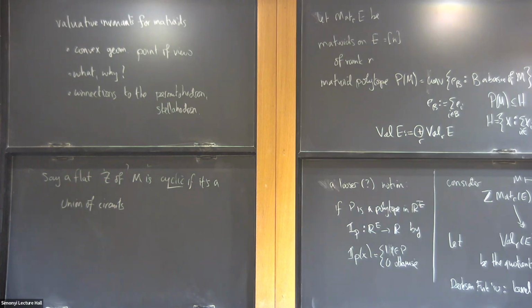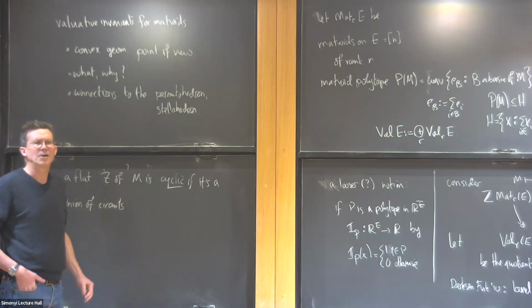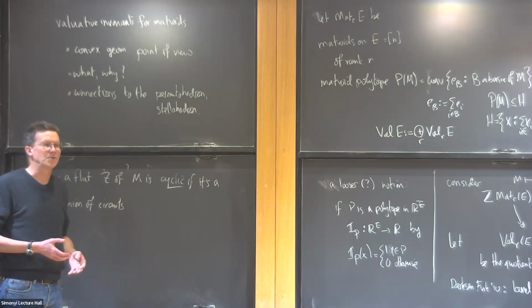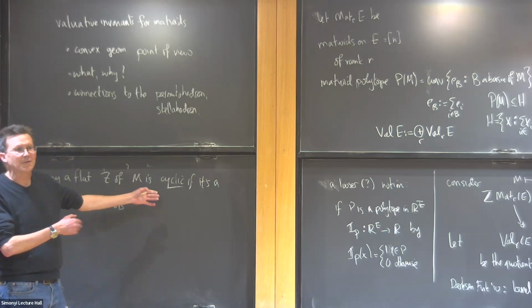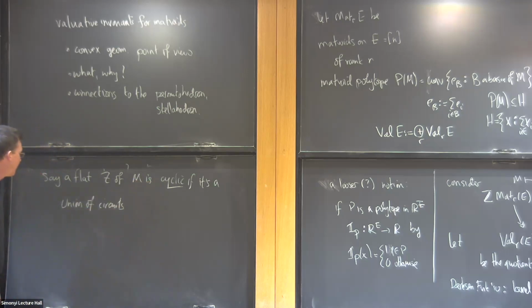A cyclic flat is slightly weaker than an irreducible flat, which we had before. It's a union of circuits. These are good guys because, for example, if I look at the dual matroid, the cyclic flats of the dual matroid are the complements of the cyclic flats of the original matroid.